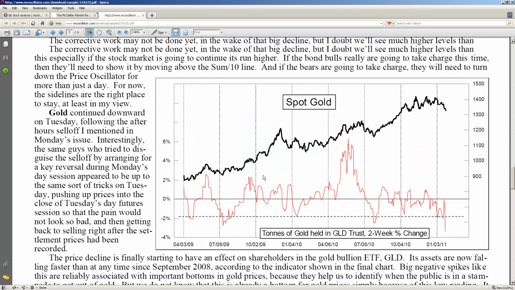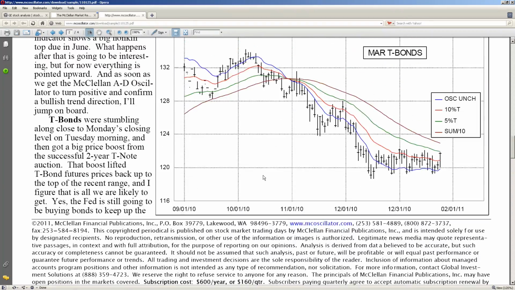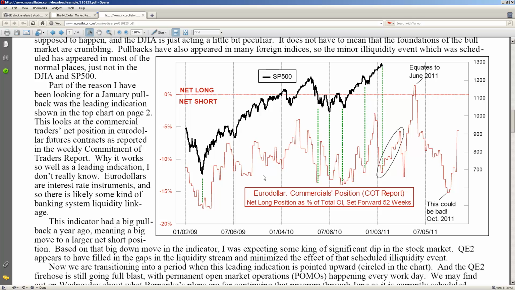But if it's anything like his stock coverage, it will be very useful information indeed.